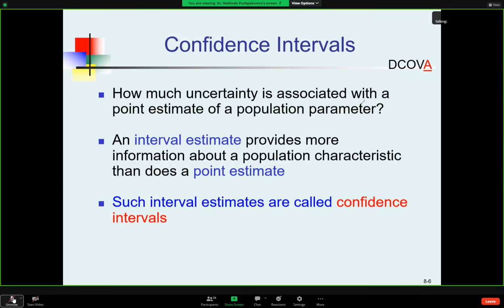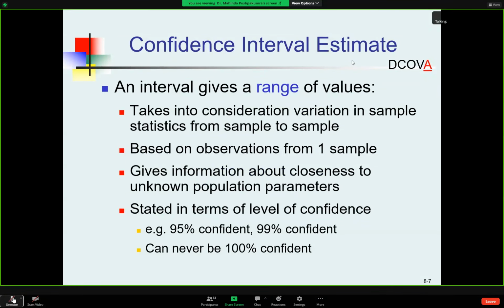As I explained, the sample mean may change from sample to sample. The interval estimate provides more information about a population characteristic than the point estimate does, and such interval estimates are called confidence intervals.